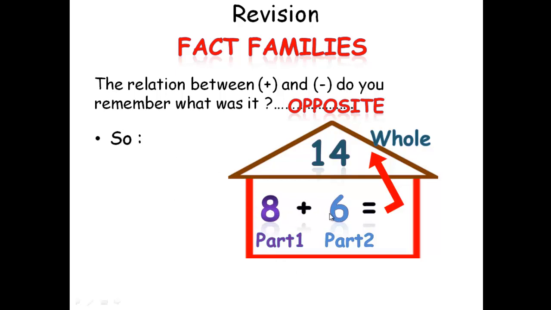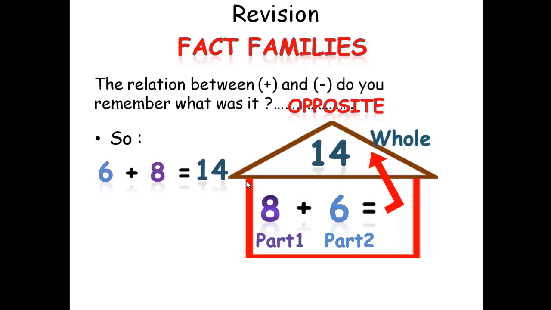How can I perform the second addition? I can put 6 plus 8. I can switch the places of the numbers. Is it going to give me the same number, 14? Of course, it's going to give me the same whole number, because switching 8 or 6 will not affect the whole number. Now, I need to perform the other two subtraction fact families.